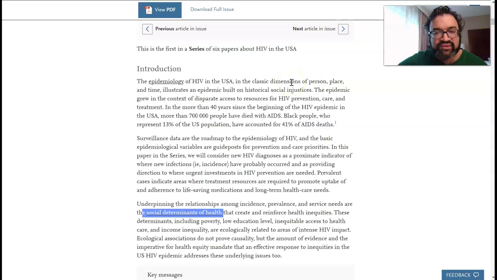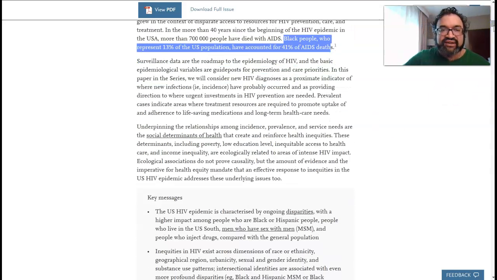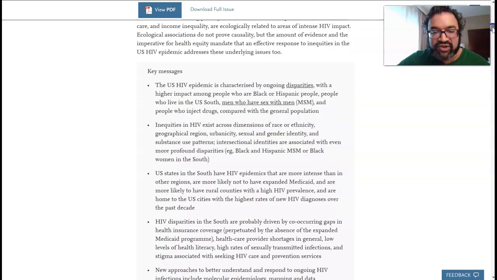The other piece to this is that when you're given an epidemiological measure like this, where you give one percentage, and this is also a frequent practice, you give the total percentage of that subgroup, and then look at what percentage represents either the prevalence of the disease or disease-related death, as in this case, AIDS-related death. So this is one way to extract epidemiological information from articles.